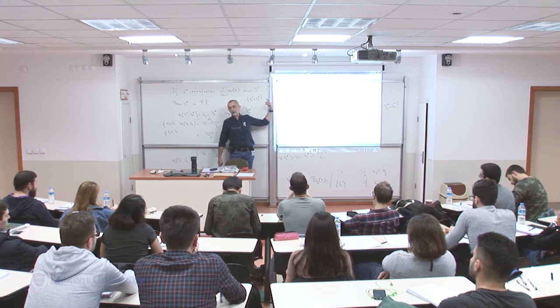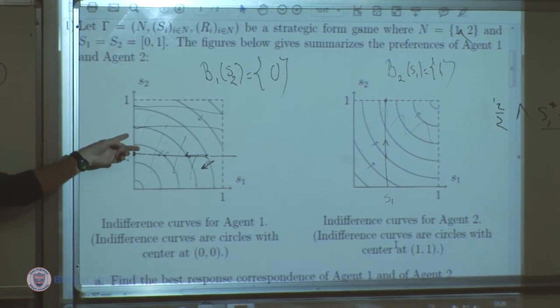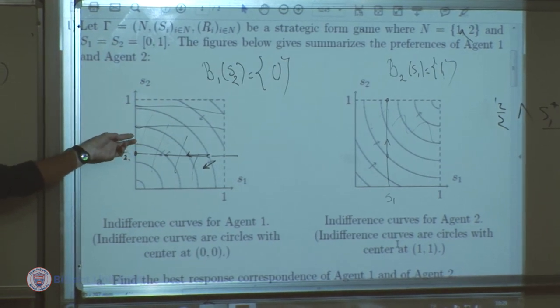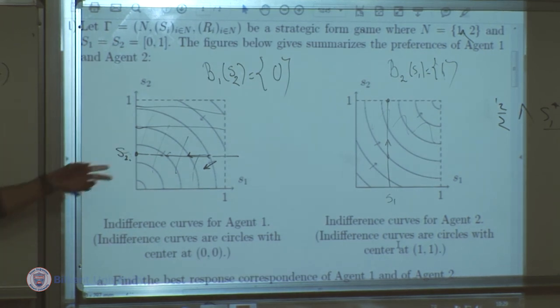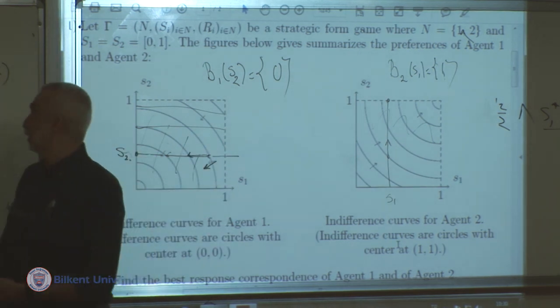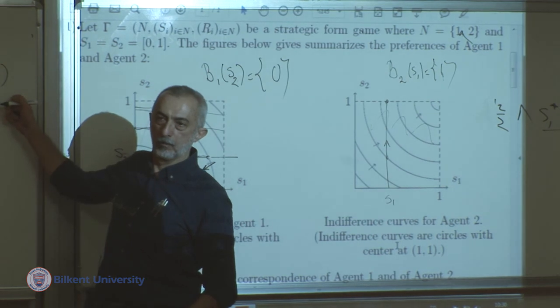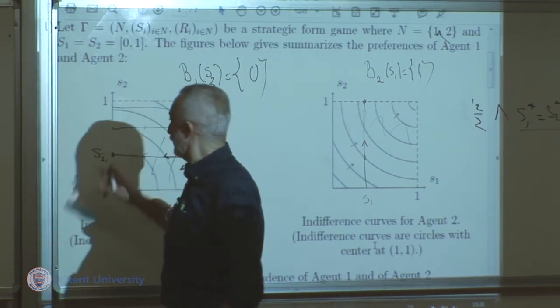So as long as it gives the same isocurve, that would work. But why do it when you have something simpler to do? But yes, it does work. I haven't told you what U1 is, so maybe this is not U1. But it doesn't matter. What matters for us is the preferences.